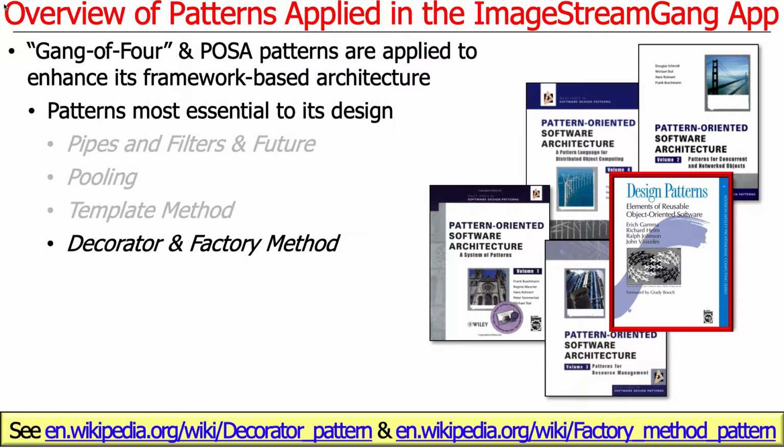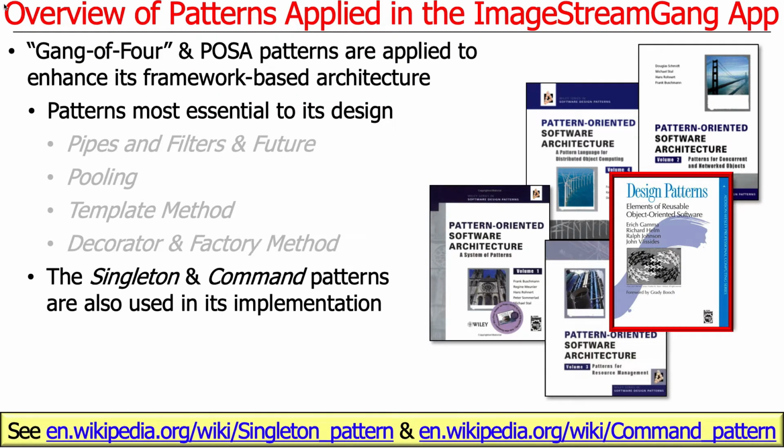Decorators are ways of taking a base computation and then wrapping things around it. So we use this for the ability to apply filtering or transformations to different images before we store them. And then we also use other more tactical patterns like singleton and command at various places throughout the implementation. So lots of good stuff, lots of good patterns.